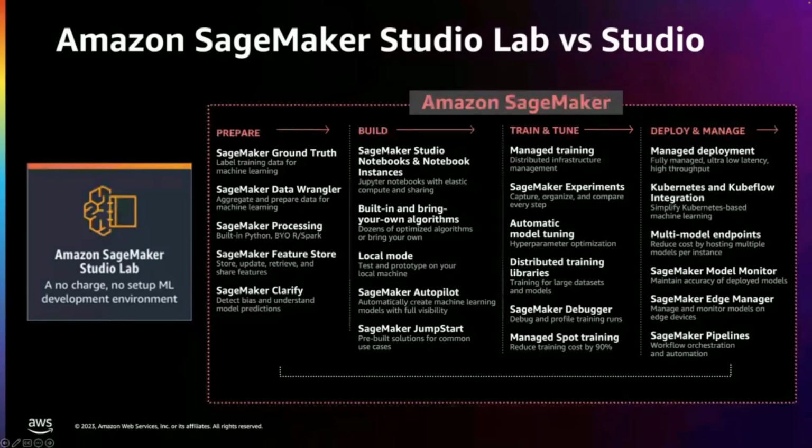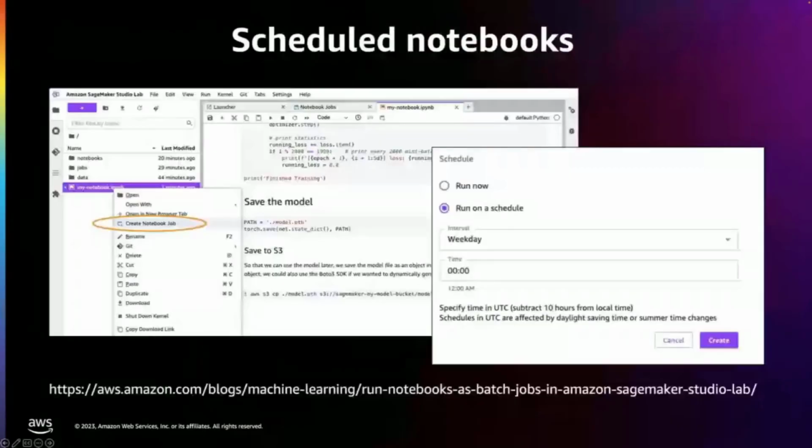So how do you bring your Studio Lab workload into SageMaker Studio for scaling? What's the easiest path? As it turns out, the easiest way to run any project developed in Studio Lab on SageMaker is by scheduling a notebook job. This job will run in an AWS account. So, of course, you will first need to create your AWS account.